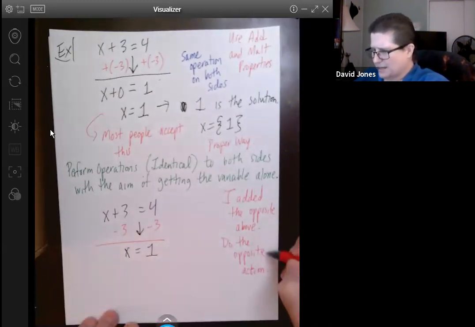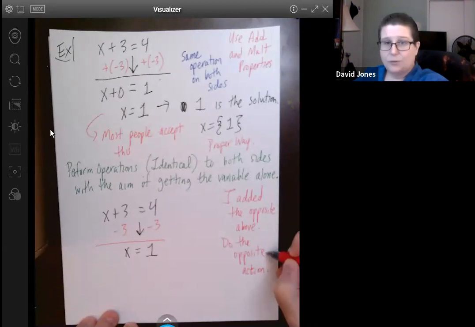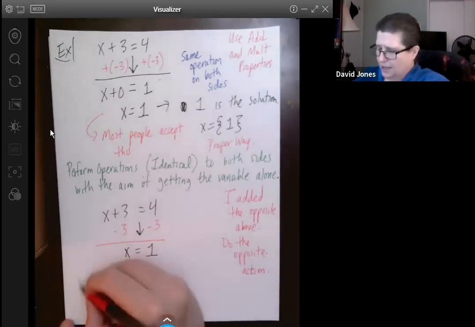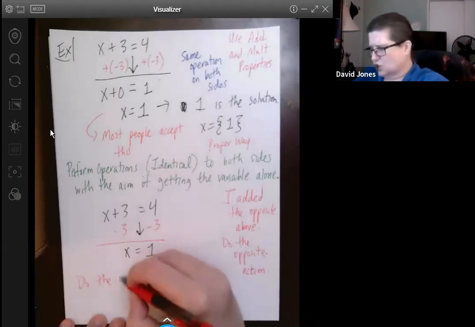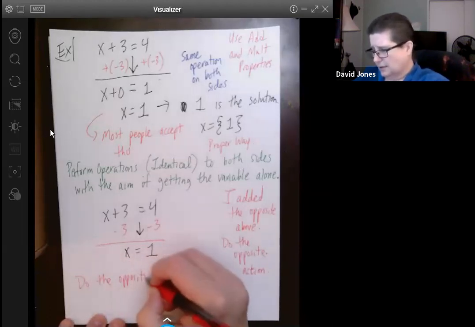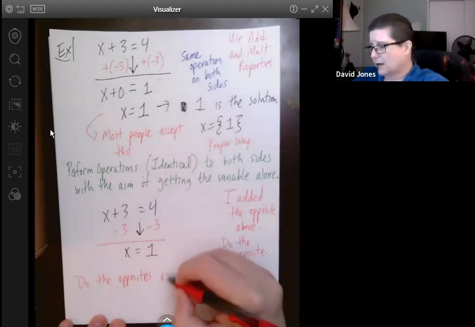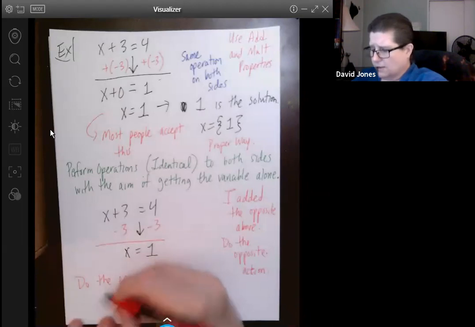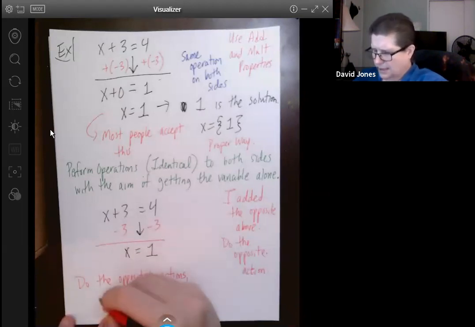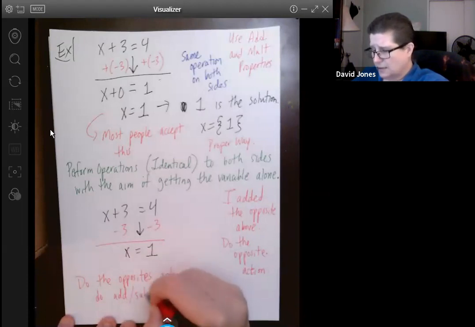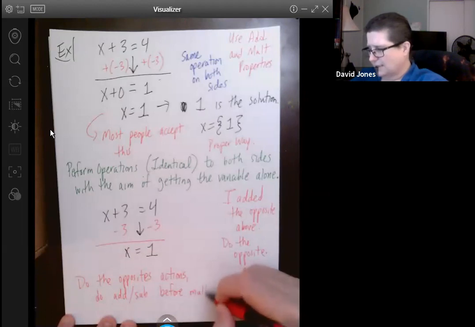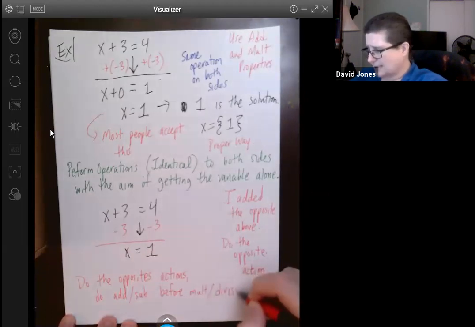But this idea applies to all of it: do the opposite actions, starting with addition and subtraction before multiplication and division. I'll show you what I mean in a second.